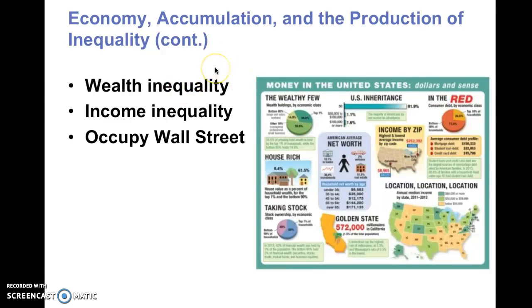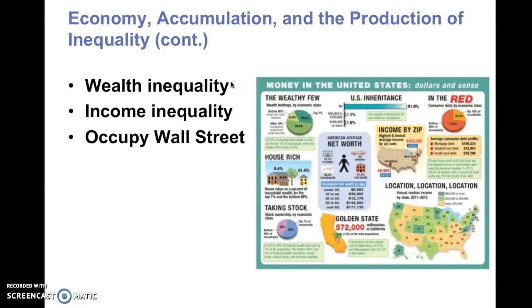Income inequality is not only gender-based, but it's ethnic-based. If you are non-white, you're probably going to earn less than a person that is white. If you're female, you're going to earn less than a male.